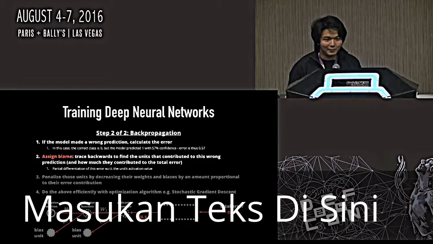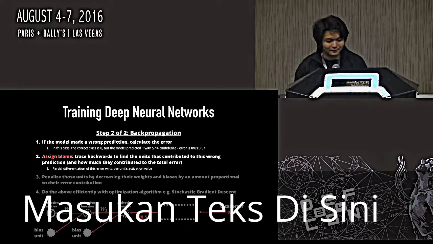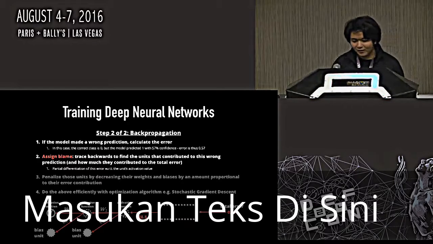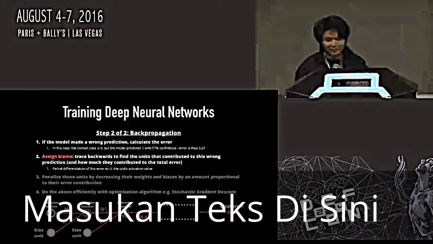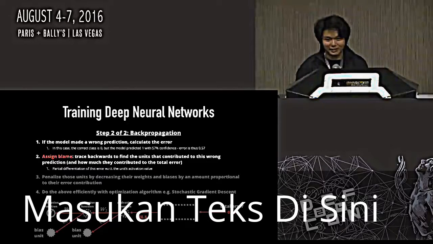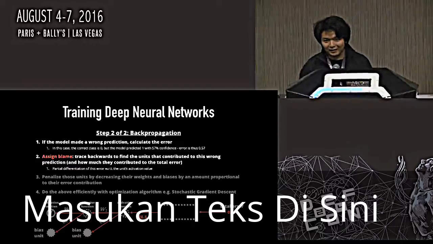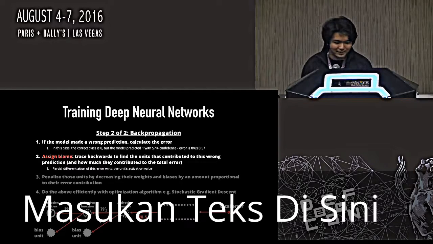Let's say you find that a particular path of units is particularly bad at giving you predictions for something you're trying to learn. Then you just decrease their weights and you block them out. All of this can be optimized with certain algorithms like stochastic gradient descent, which is basically trying to find the local minima in a particular problem space.